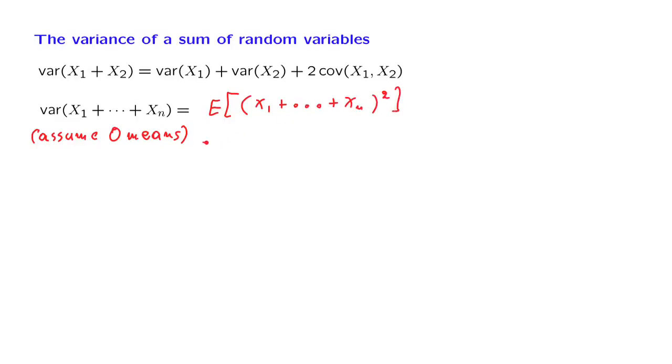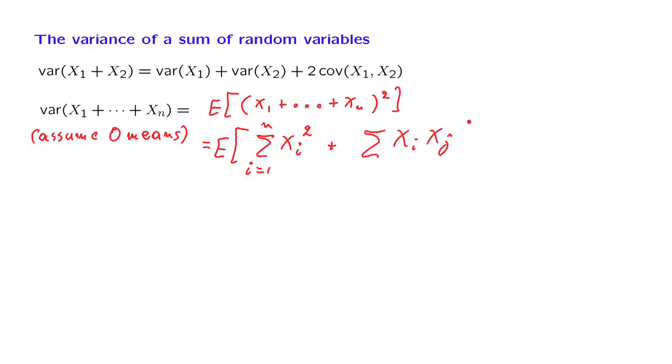And now we expand this quadratic to obtain the expected value of a bunch of terms of this kind, xi squared, where i ranges from 1 up to n, and then we will have a bunch of cross terms of the form xi xj.